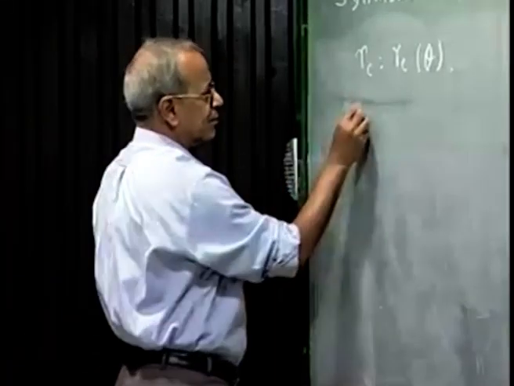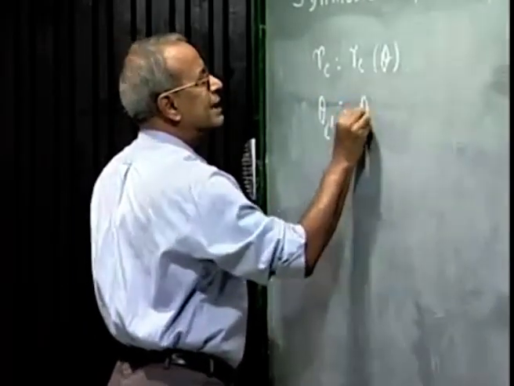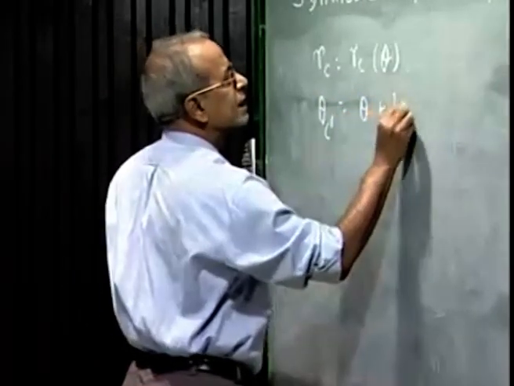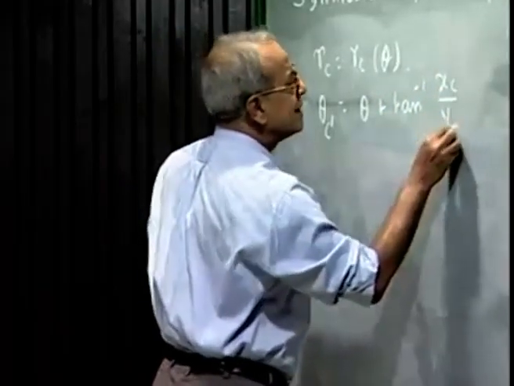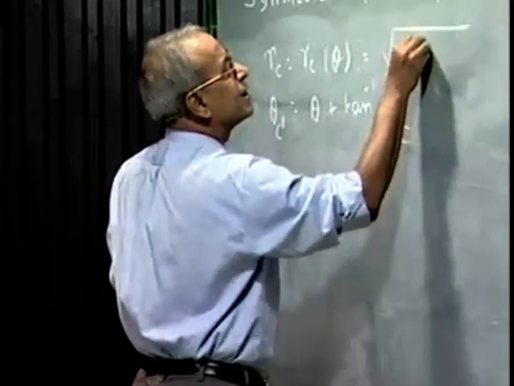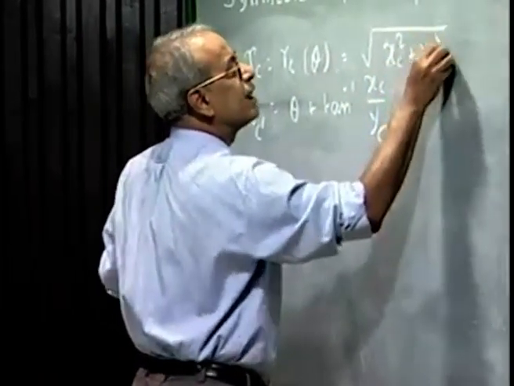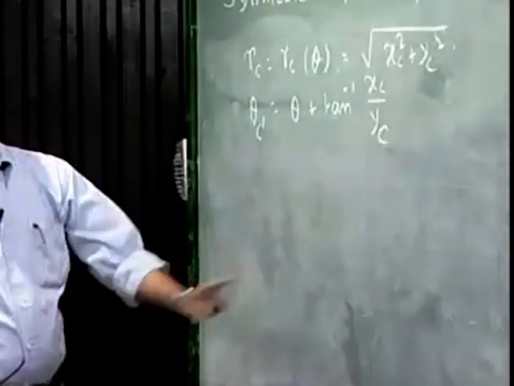Let me write one of them. I just call it theta c prime, which is theta plus tan inverse xc by yc, and this RC is nothing but square root of xc squared plus yc squared. So these two quantities I can calculate for all values of theta.